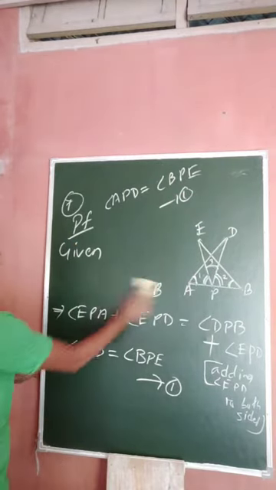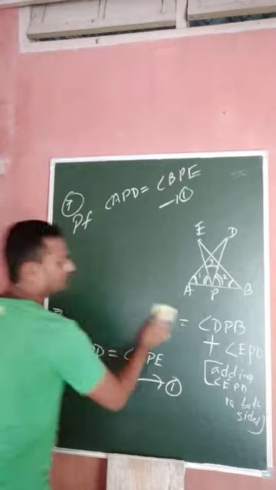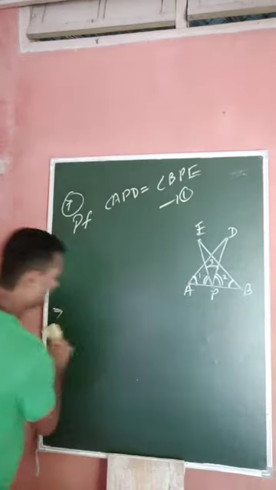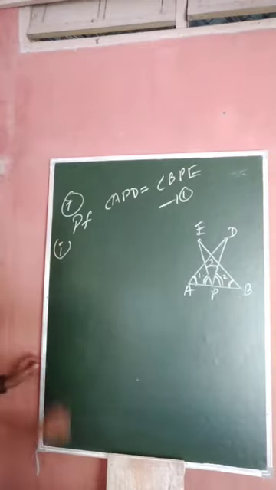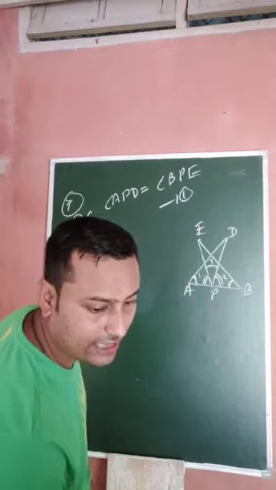Okay. So now come to the triangles. Take the two triangles whichever they are asking for: triangle DAP and EBP.